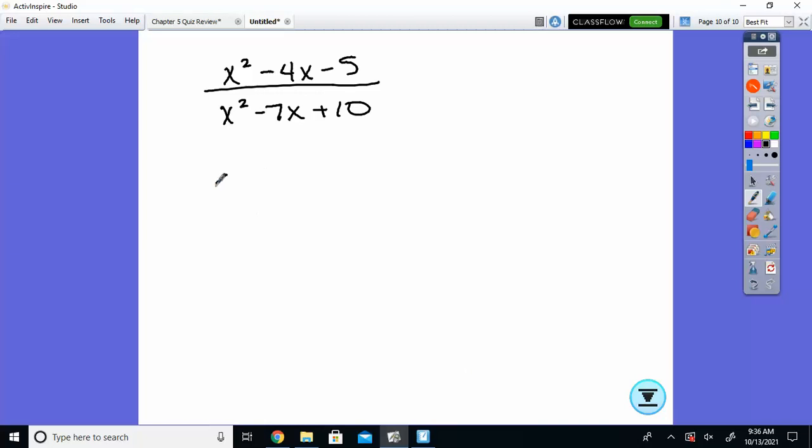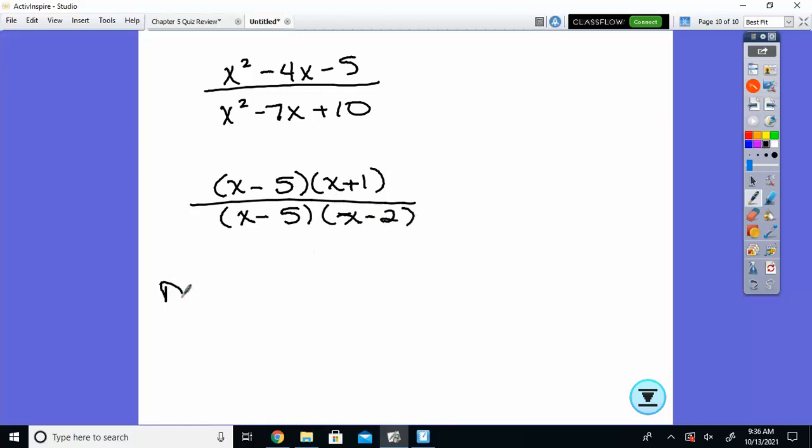Factor. Okay, so the top would factor into x minus 5, x plus 1. What's the bottom factor into? So what happens? Those cancel. So it's still discontinuous twice because the original had 2 things on the bottom.